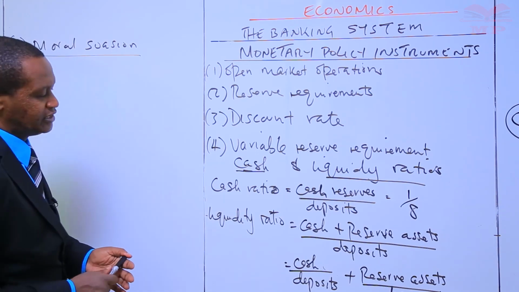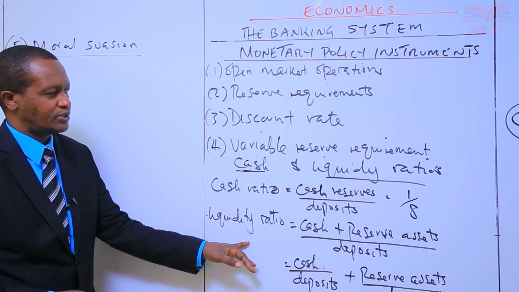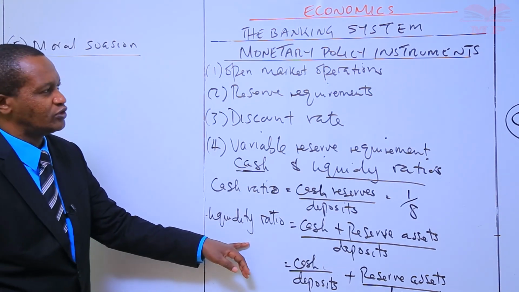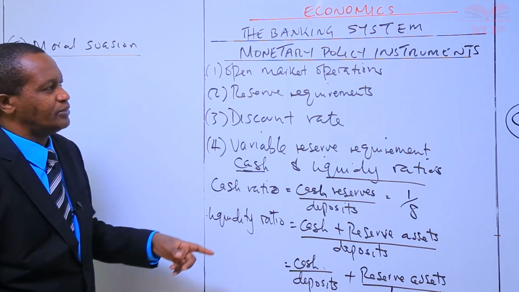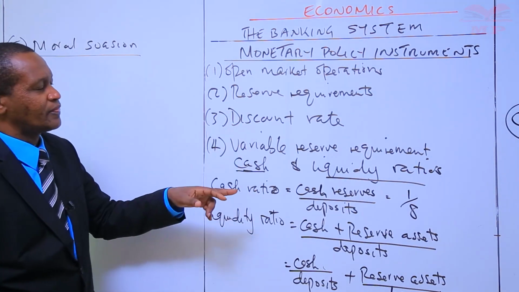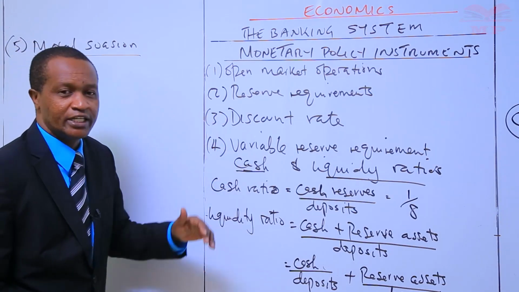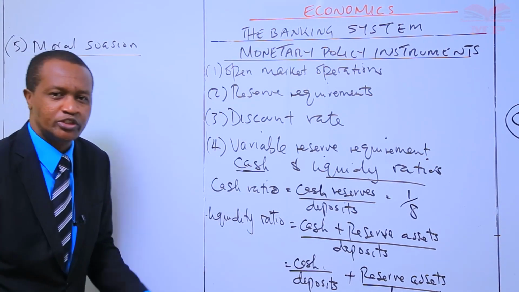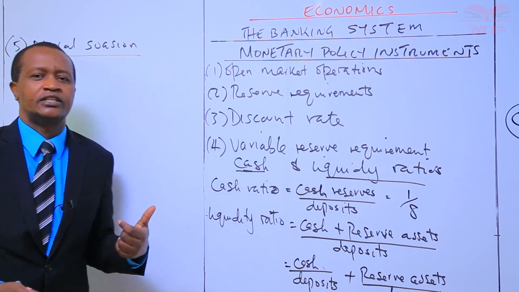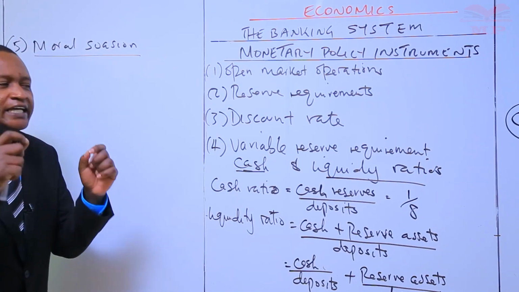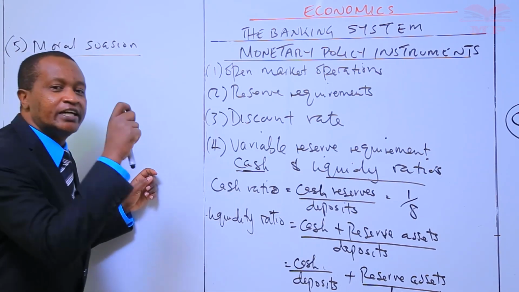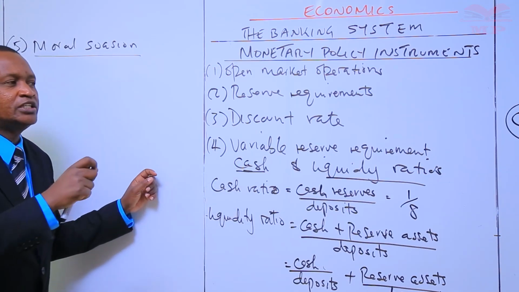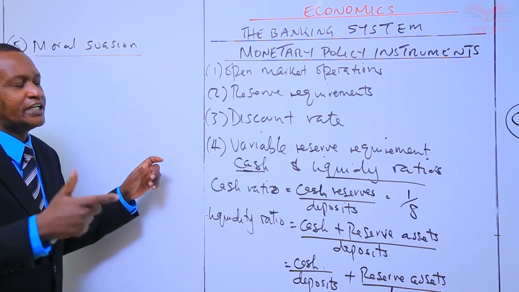Instead of setting ratios that commercial banks must adhere to, instead of using reserve requirements or discount rate or open market operations, the central bank can use moral suasion to persuade the commercial banks to restrict credit when they wish to limit monetary expansion.